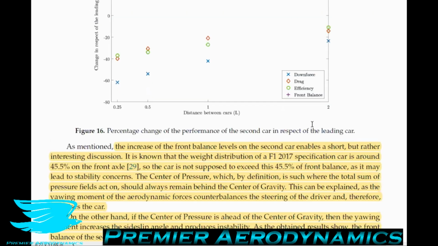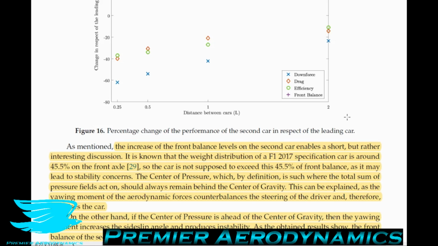So the increase in the front balance which occurs on this enables a short but rather interesting discussion. It is known that the weight distribution of an F1 2017 spec car is around 45.5% on the front axle. The car is not supposed to exceed this 45.5% on the front balance, as it may lead to stability concerns. What this means is that the car cannot be front loaded. And what's happening here is when a car is traveling downstream of another car, it is more front loaded just from the aerodynamic forces.